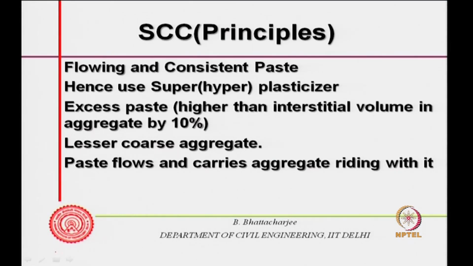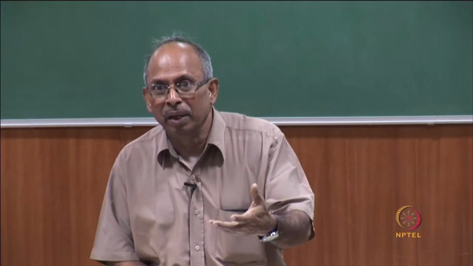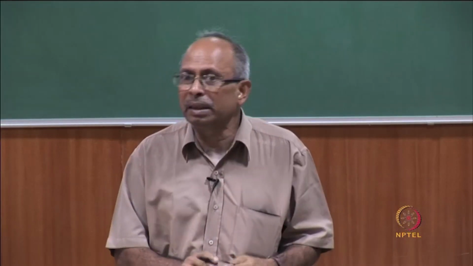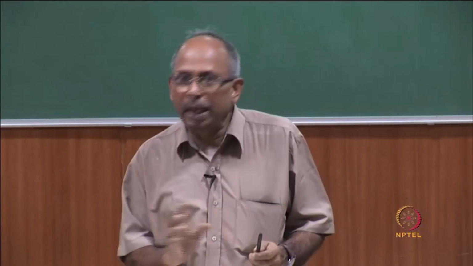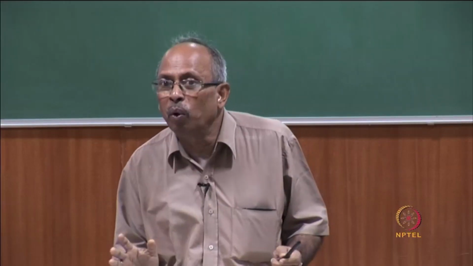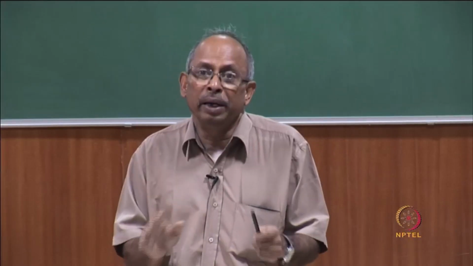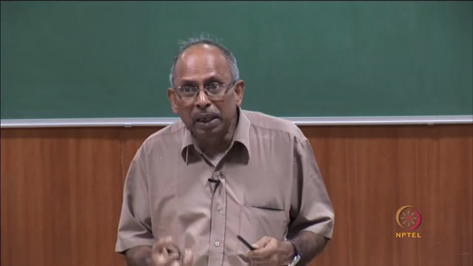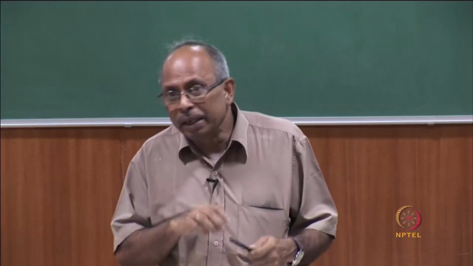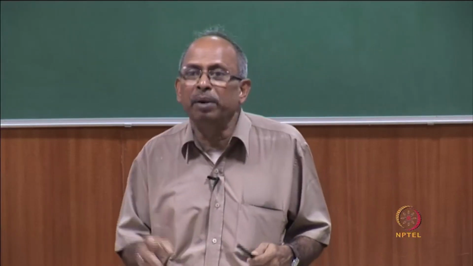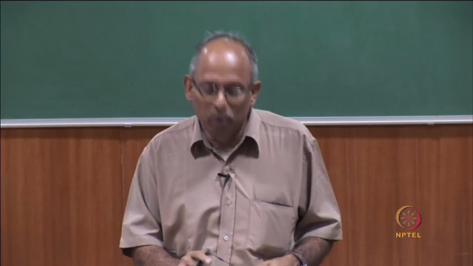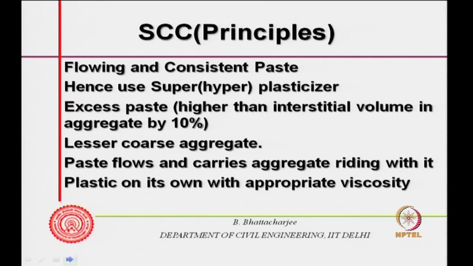Aggregate will have a piggyback ride on the paste, because they are embedded in the paste. Aggregates alone are unlikely to flow or fill spaces; they will have their angle of repose and hold it. But if they are embedded in the paste and the paste moves, they also have a ride and move, and that is how it can be self compacting.